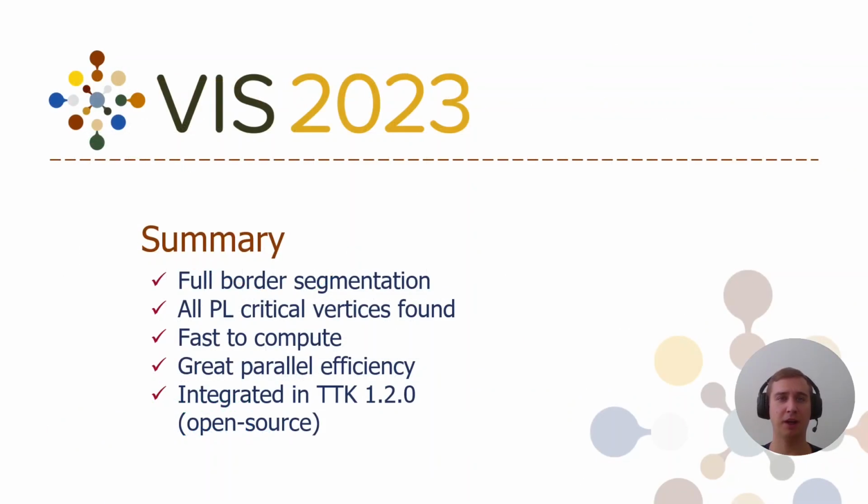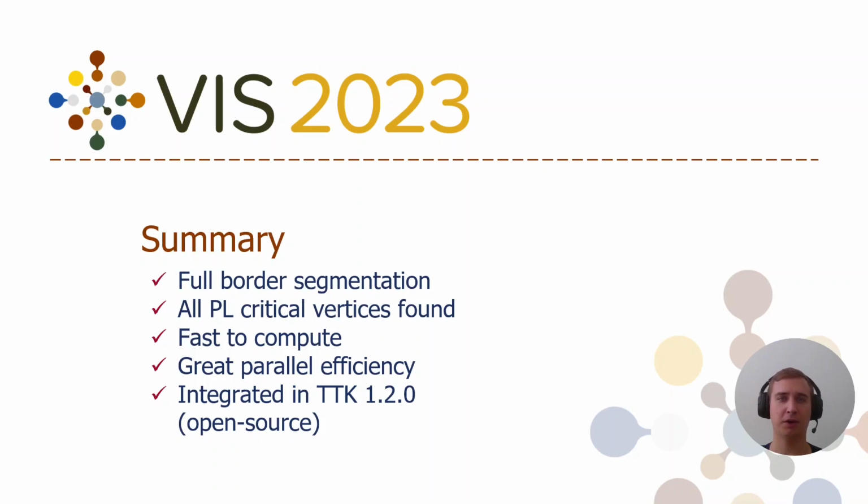Now that we've seen how the Morse-Smale segmentation works and how it compares to other algorithms that compute the Morse-Smale complex, let's quickly summarize. First of all, the Morse-Smale segmentation allows us to get a full border segmentation compared to Morse-Smale complex implementations that sometimes don't segment the whole border.